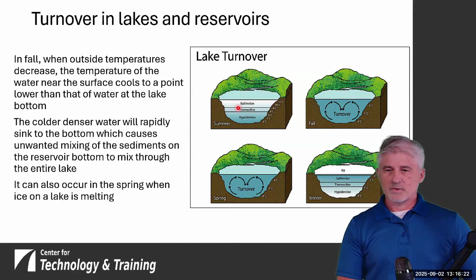So we start typically with the normal idea that the warmer water is on the top and the colder water is on the bottom. But as the top water cools, it wants to sink. As it sinks, it brings up water from the bottom. So we get this turnover, causing the colder, denser water to sink to the bottom.